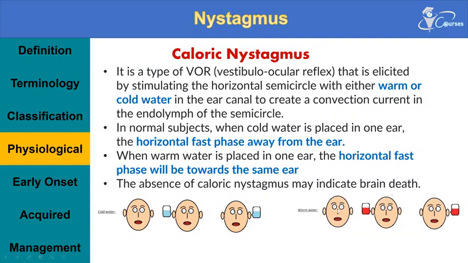When we pour warm water here, we are putting warm water in the right ear, there will be a fast phase away from the ear. So we are putting the warm water in the right ear, it will be a fast phase away from the right ear. And when we put the warm water on the left ear, there will be a fast phase away from the left ear. On the other hand, when we are putting cold water in one ear, the horizontal phase will be away from the ear.